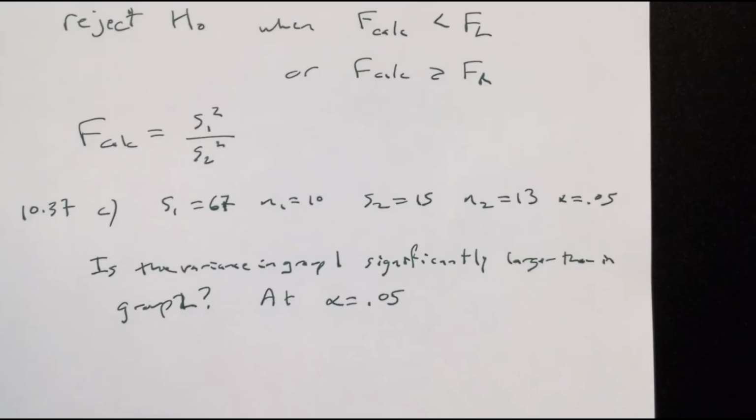Read the question that's asked. Is the variance in group 1 larger than the variance in group 2? That is my alternate hypothesis. That's the thing I want to show evidence for. But I would write that as sigma 1 squared over sigma 2 squared bigger than 1. Bigger than, that's a right tail.